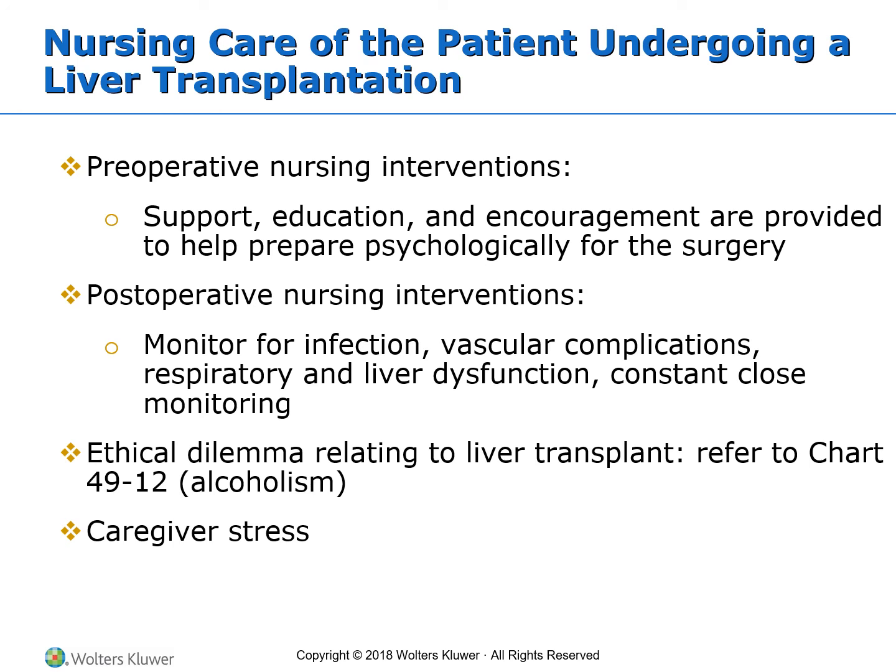If a patient's going to have a liver transplant, you need to look for signs and symptoms of malnutrition. How bad is their ascites? So do the abdominal girth, and monitor for fluid and electrolyte disturbances. All of that needs to be treated prior to surgery, because that's going to increase the likelihood of a successful transplant.